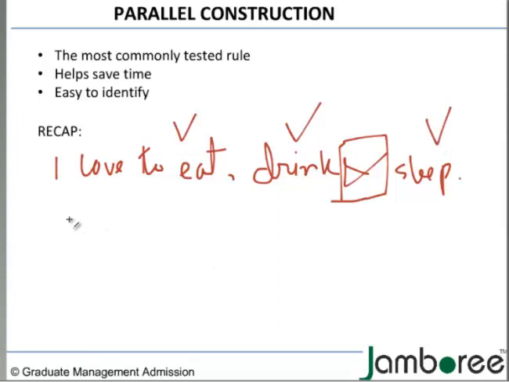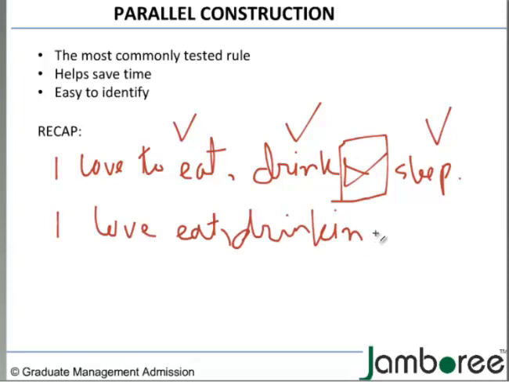This sentence is parallel. But if I say this same sentence, if I say I love eating, drinking, and sleeping, that is also correct, because all the three things that are being joined by the word and are all following the same format.